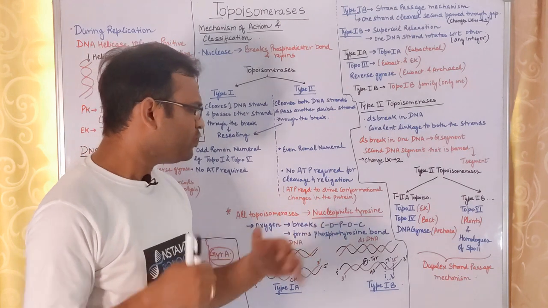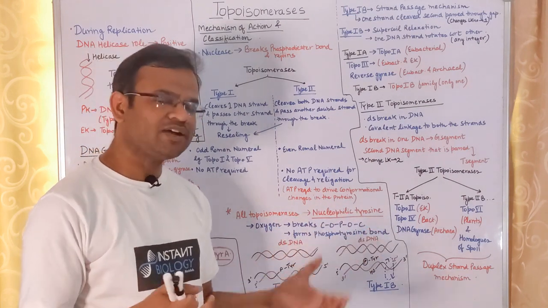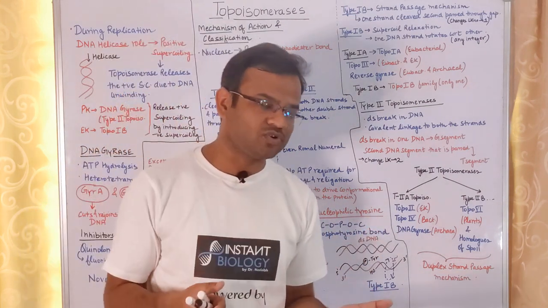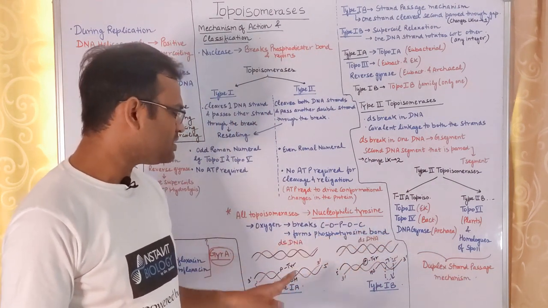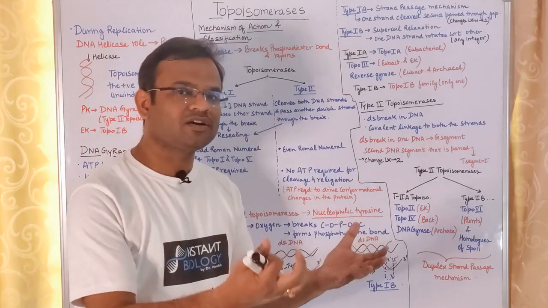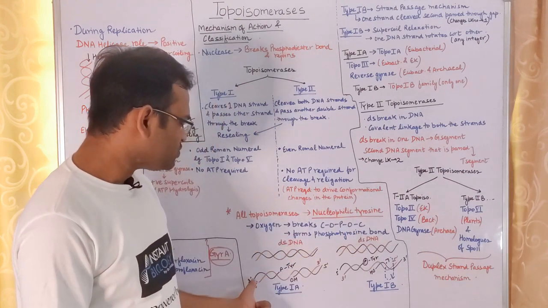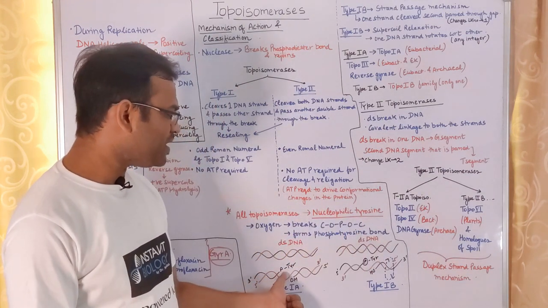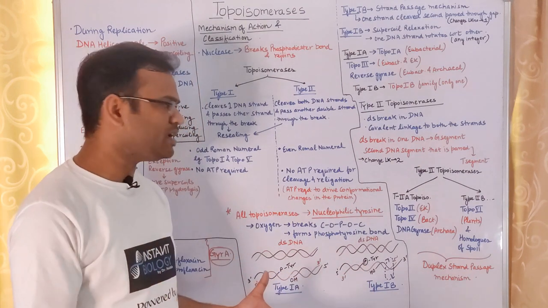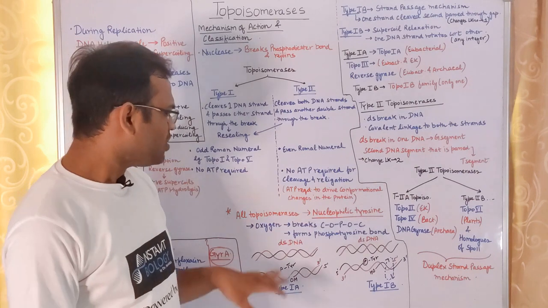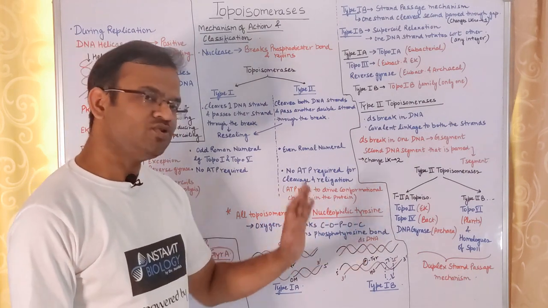Since I have already said that tyrosine has an OH group, with the help of the OH group it can attack the 5 prime phosphate in one case and the 3 prime phosphate in the other case. Let me explain it in a better way. All the topoisomerases will have a nucleophilic tyrosine.